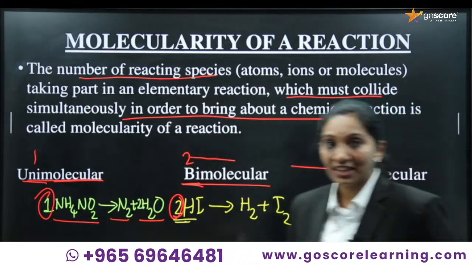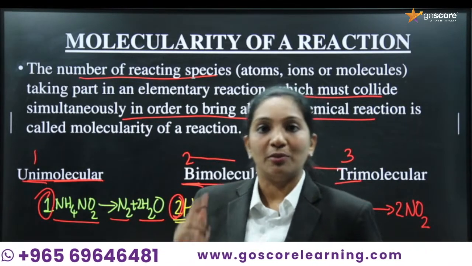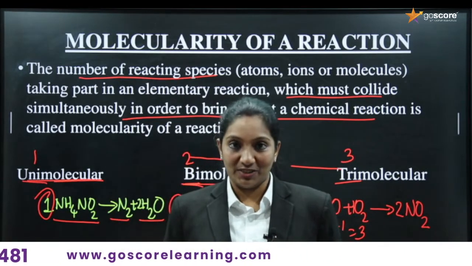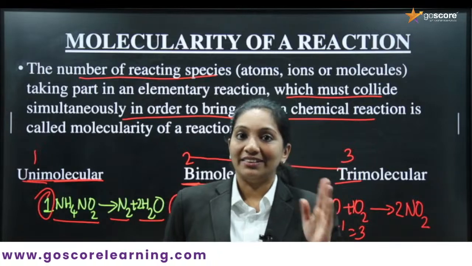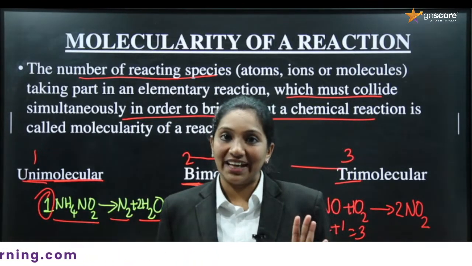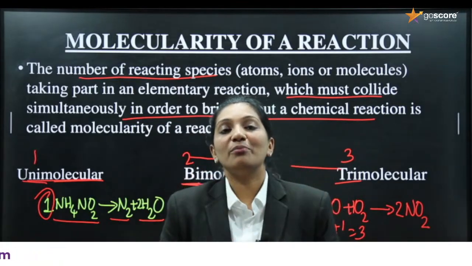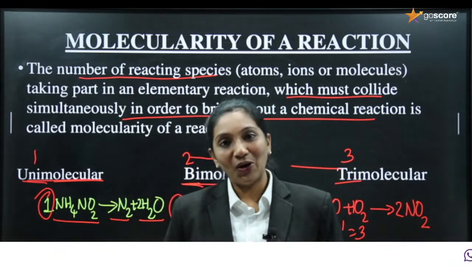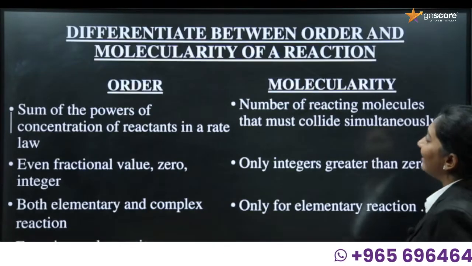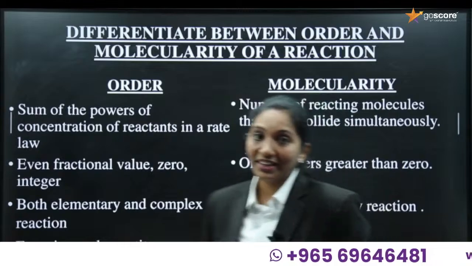So, did you get the difference between order and molecularity? Molecularity means the number of molecules involved in the reaction. And order we get from the rate law, where x and y come from experimental data. We find the sum of those exponents and we get the order. Now, let's see the differences between molecularity and order of a reaction.